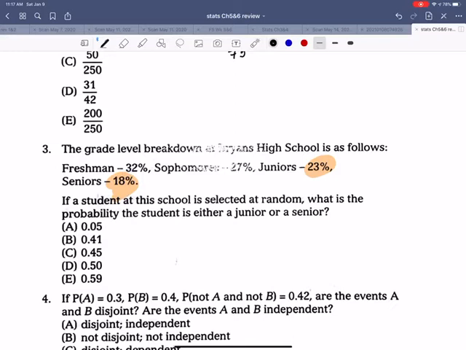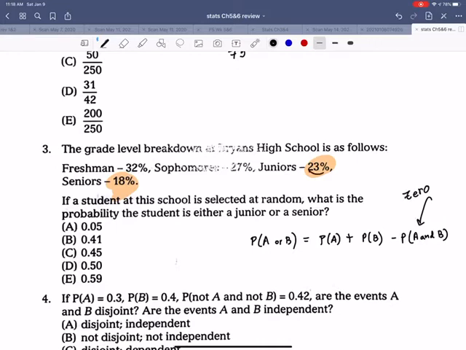We have to put that label on you, one or the other. We can add them together. So the probability of A or B is equal to the probability of A plus the probability of B, take away the intersection, or probability of A and B. Notice you can't be both a junior and a senior, so this is 0.